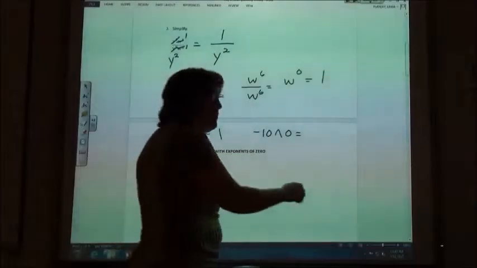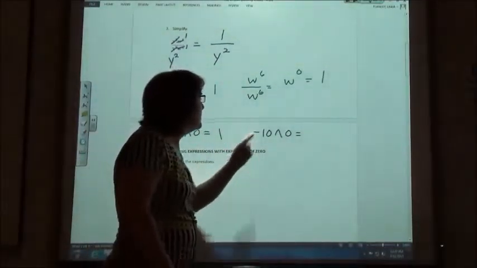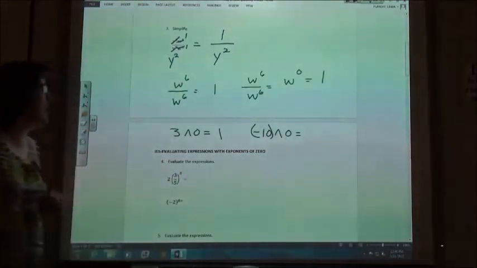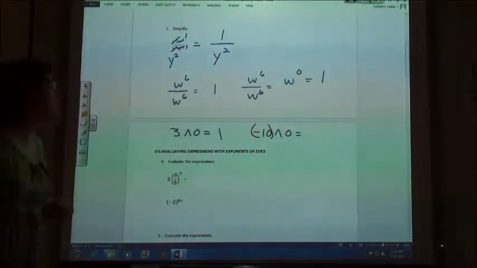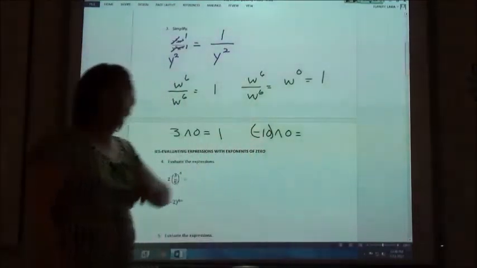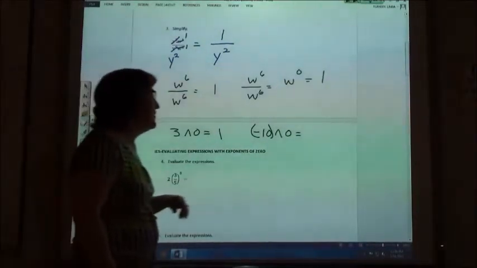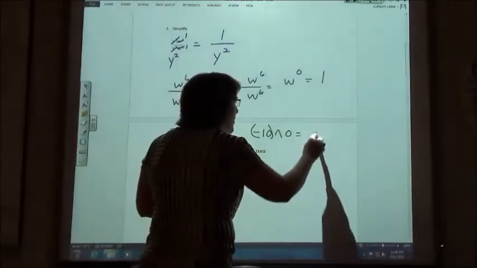Negative 1. Whoops. Because we got negative 1, we don't want negative 1. We better put parentheses around it. Negative 10 in parentheses caret 0 equals 1. There we go.